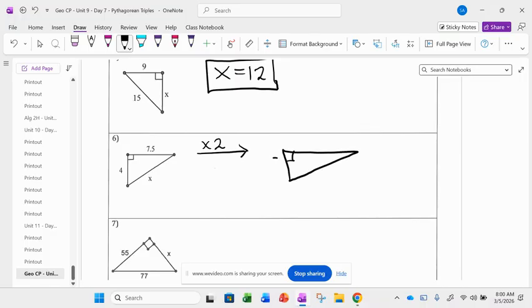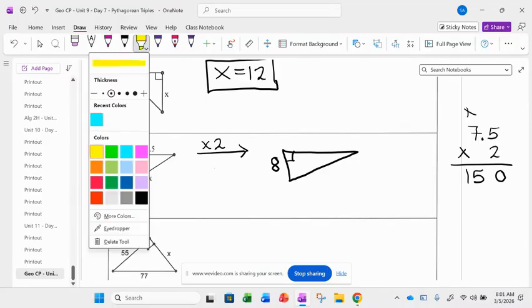And when we multiply that whole entire triangle by 2, we get a new triangle. And 4 times 2 is 8. 7.5 times 2. Let's say you don't know how to do that in your head. It's okay. You do 7.5 times 2 over on the side of our paper. 2 times 5 is 10. Carry the 1. 2 times 7 is 14 plus 1 is 15. It is not 150.